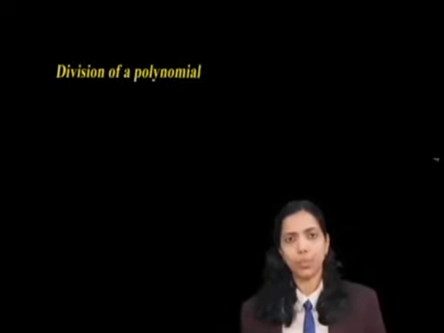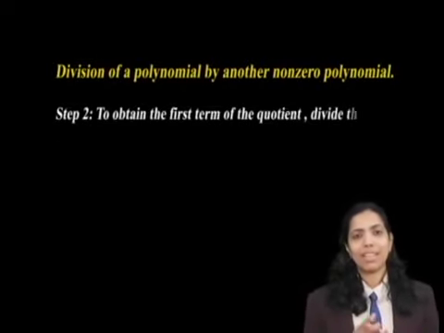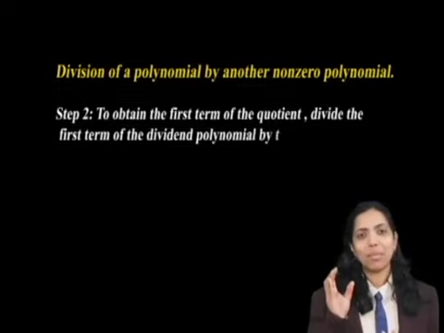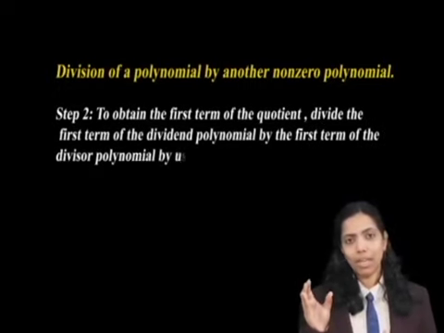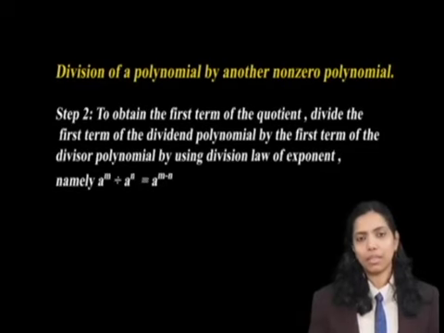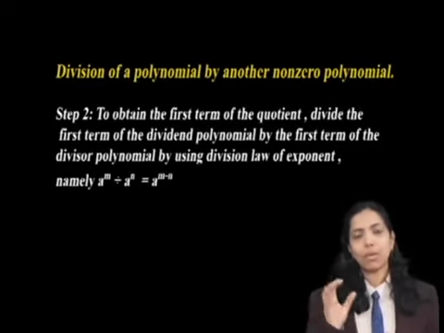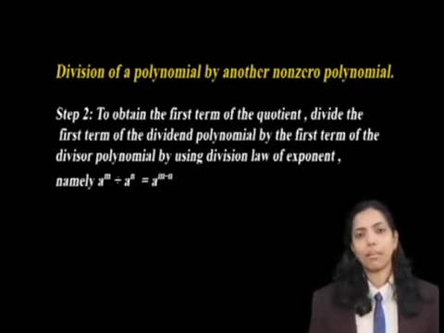Now step 2. To obtain the first term of the quotient, divide the first term of the dividend polynomial by the first term of the divisor polynomial, by using the division law of exponents, namely a to the power m divided by a to the power n equals a to the power m minus n.